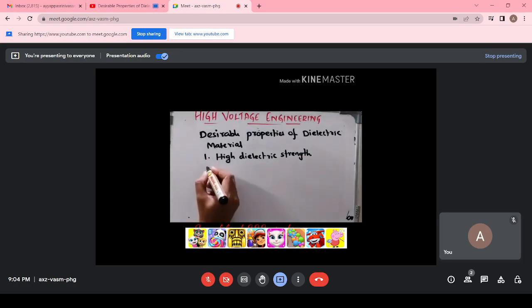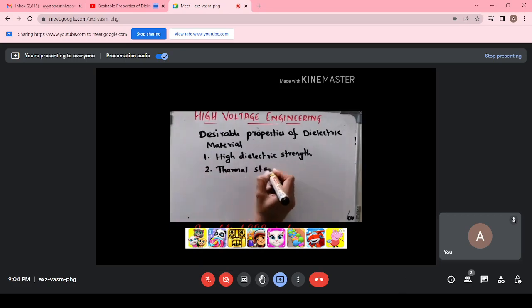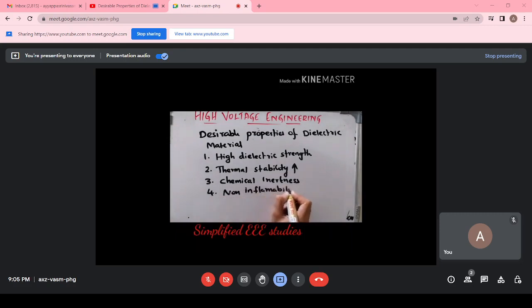Next, it should have high thermal stability. It must be thermally stable. Then chemical inertness. Moreover, non-inflammability. Then good heat transfer capability.